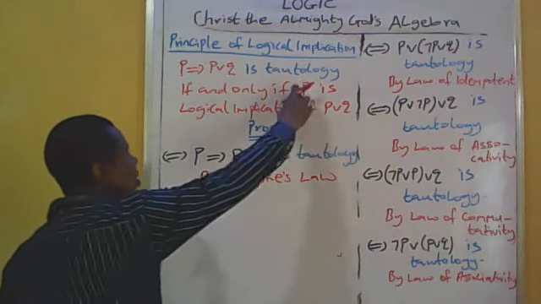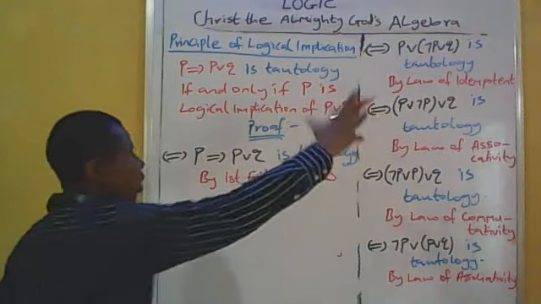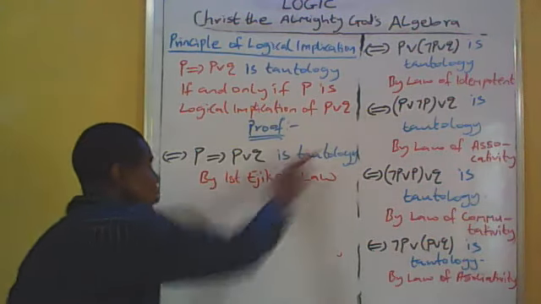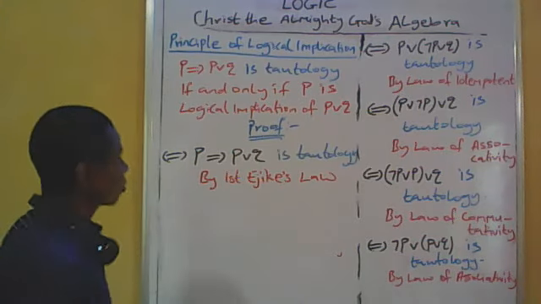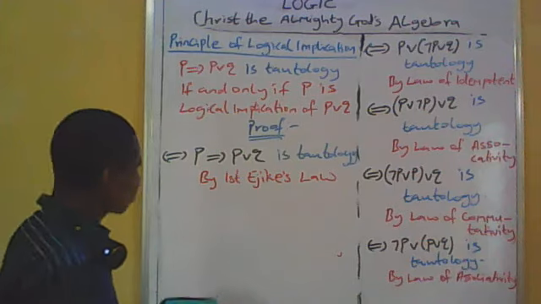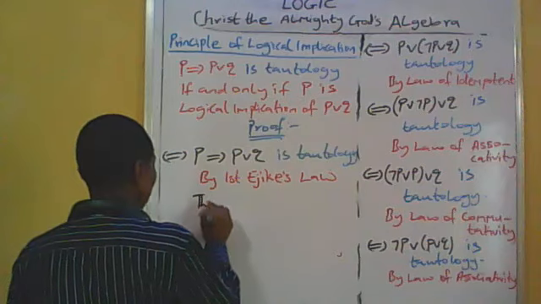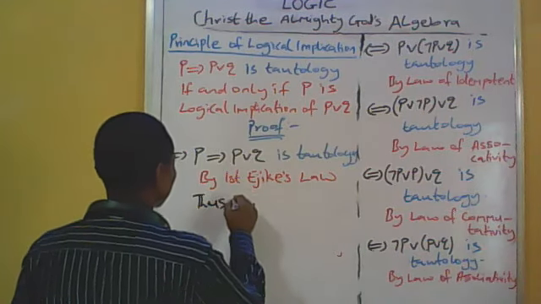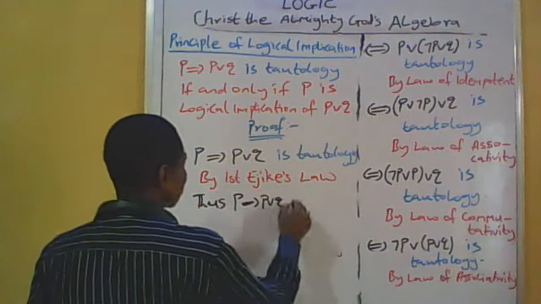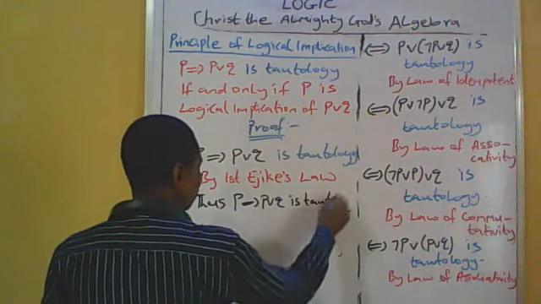So from this, P is logical implication of P or Q. We have shown that it is true. We have now proved that P implies P or Q is tautology. So we say thus P implies P or Q is tautology.